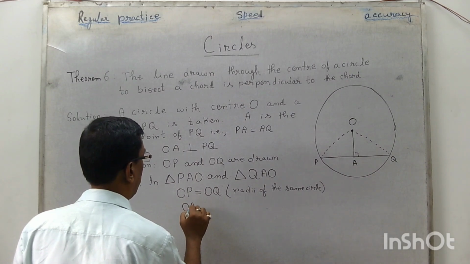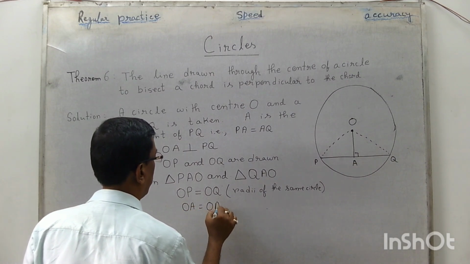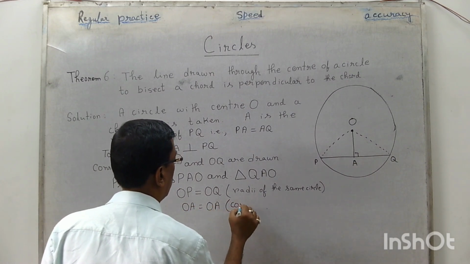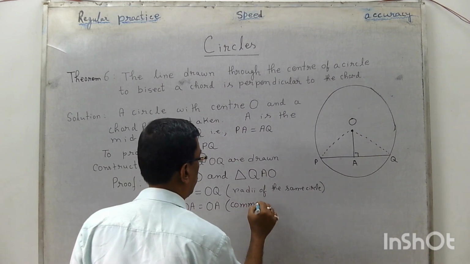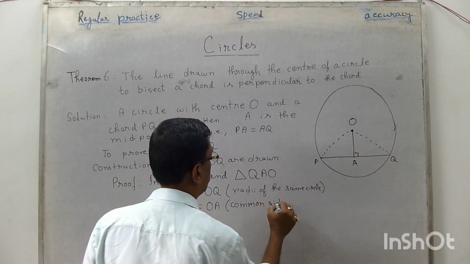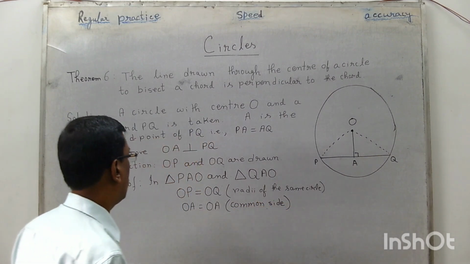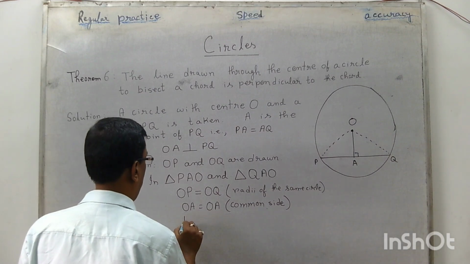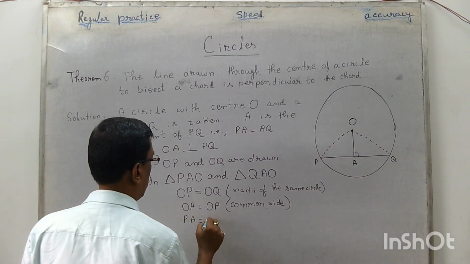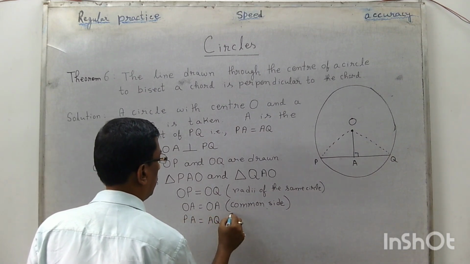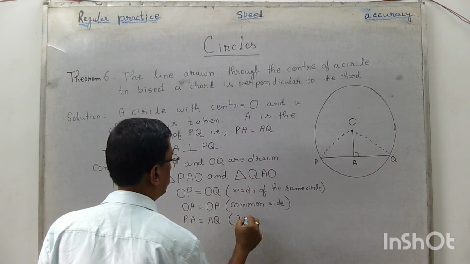OA equal to OA, common side. PA equals to AQ, given.